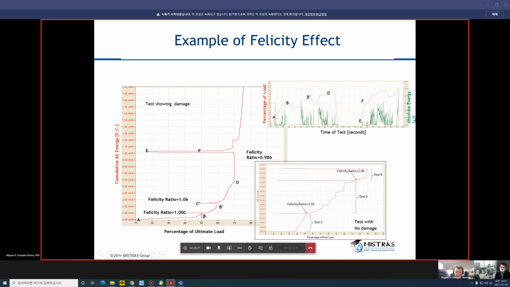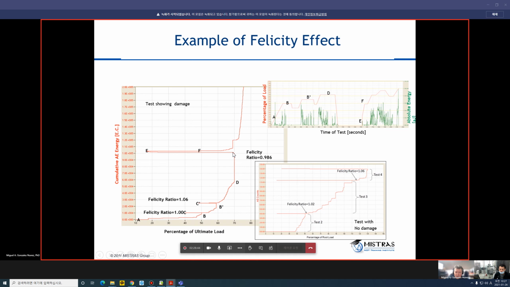And we didn't see any increase in the cumulative acoustic emission energy until after the previous maximum load. So in this one, the Felicity ratio is 1. In this one, the Felicity ratio is 1.06.